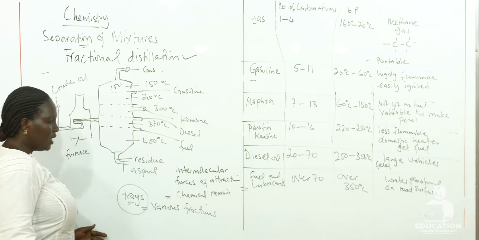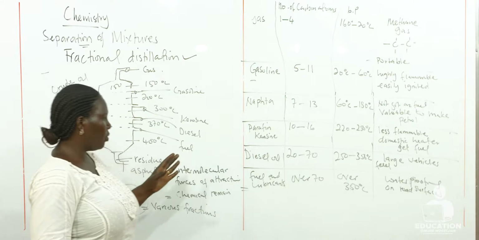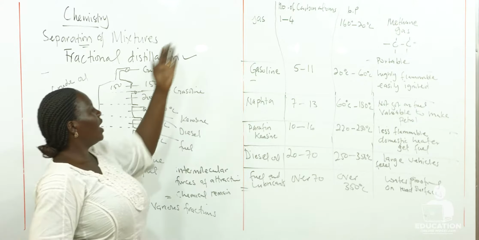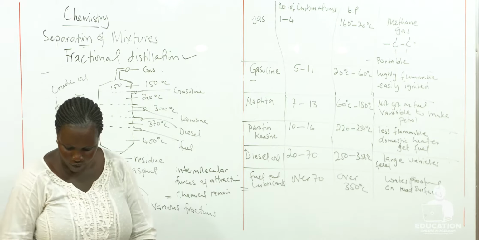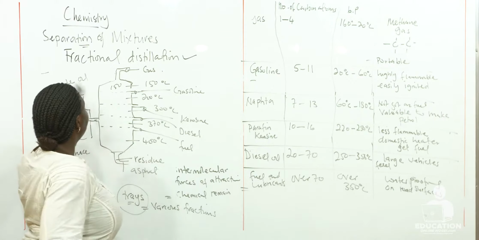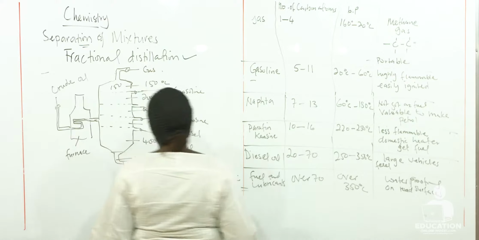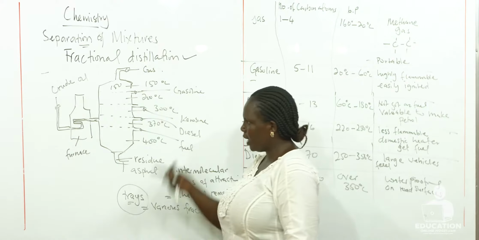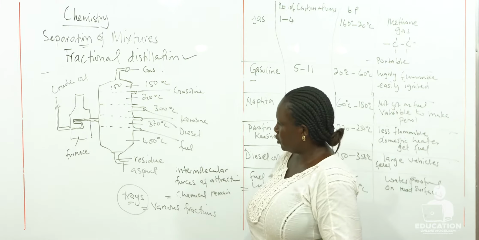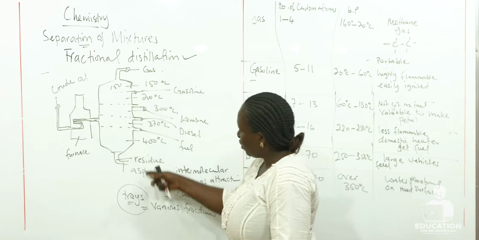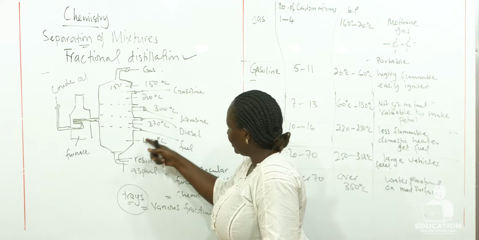And as I have stated, crude oil in nature is not useful, but it is useful when it is separated into different forms. And I said this process of fractional distillation is based on the principle of different boiling points and condensation temperatures. So when we look at this fractionating column, the first level of temperature is 400 degrees.